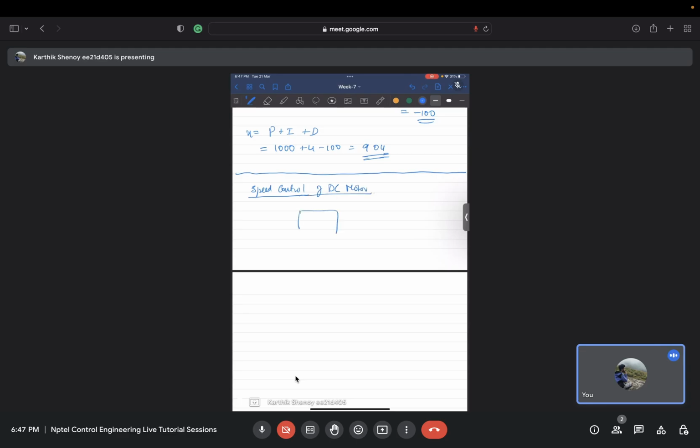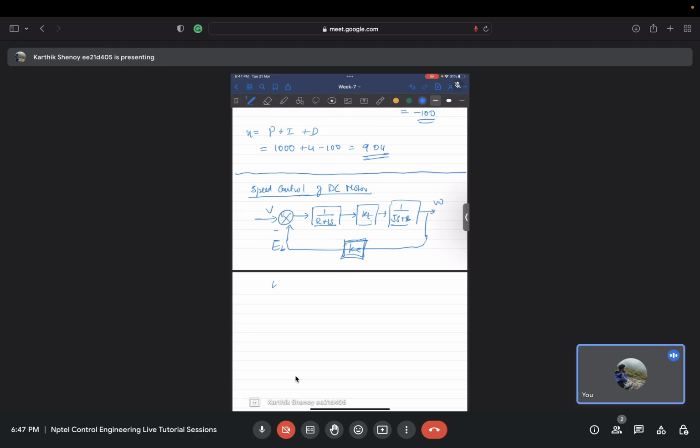The block diagram which we usually draw has 1 over Js plus B. We have the voltage as the input, minus the back EMF, which gives me the current when I pass through the electric circuit, that is R plus Ls. Then I have the torque constant, then the mechanical side, which gives me the speed, and the speed is related to the back EMF by Ke, the back EMF constant.